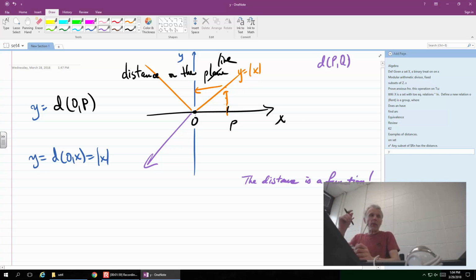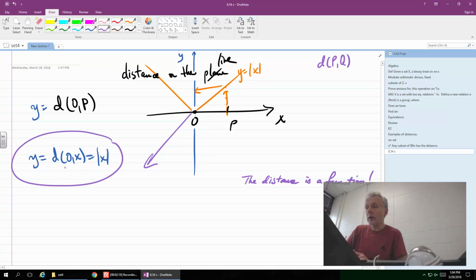But first, let's try with only one, just to see that it is a function, and a simple kind. So we fix one of the two. I replace p or q with 0, and now I'm measuring distances from 0 to any point, first on the line, which gives me a function of the absolute value. So this is on x in R. The Euclidean distance on the real line is simply the absolute value.